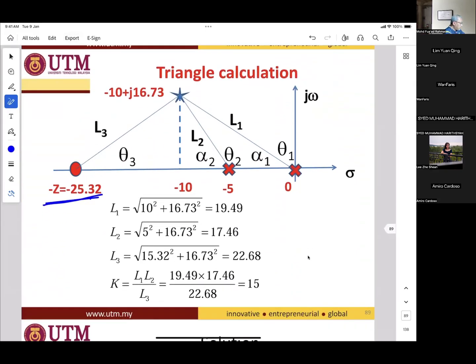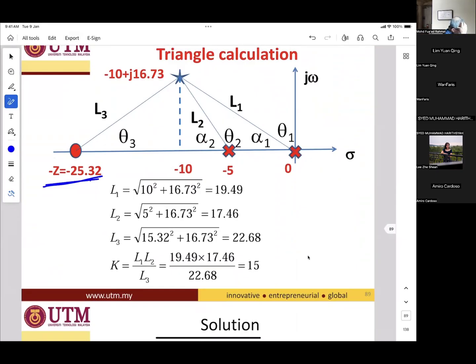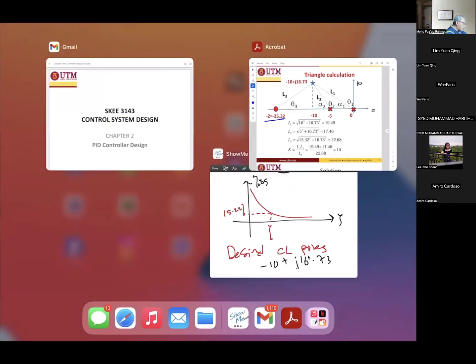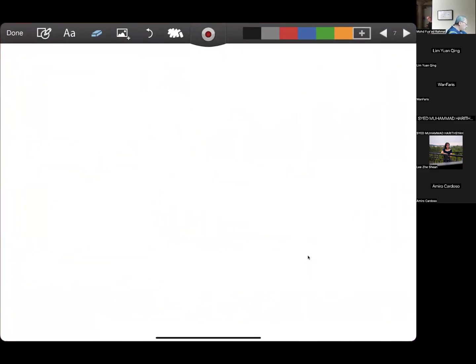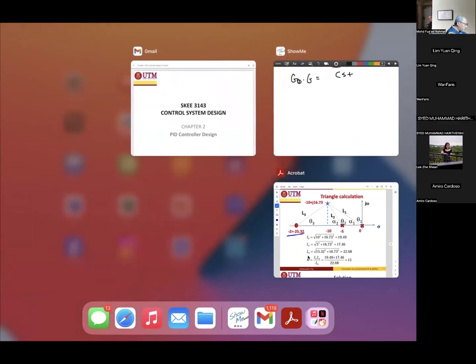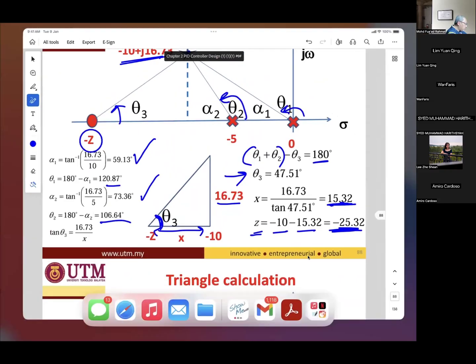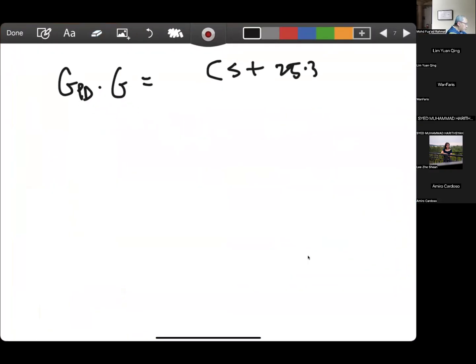That is your new zero, which is located here. Then find the gain values. This one is using trigonometry, and the other solution is using the calculation. So now the GPD is s plus 25.32.